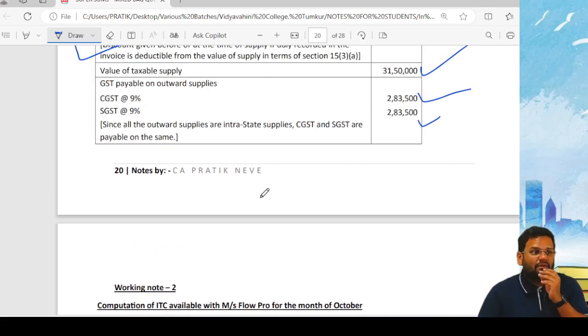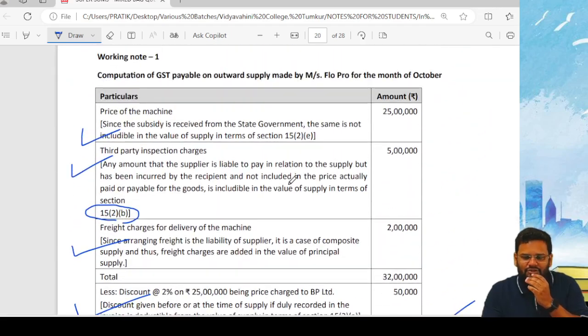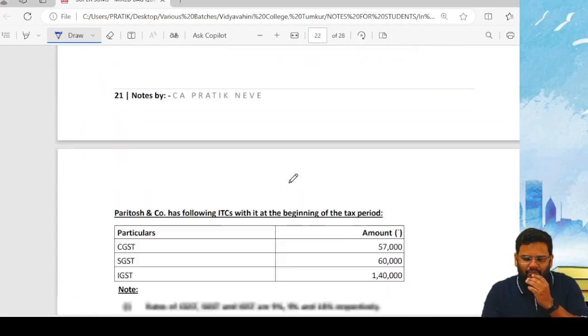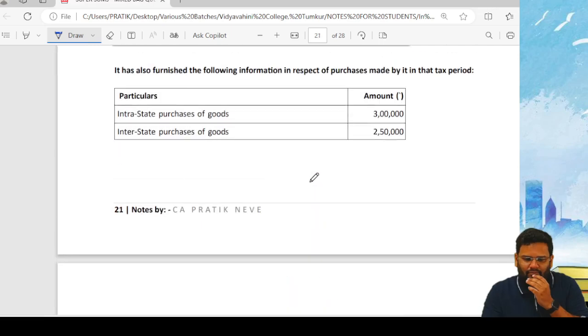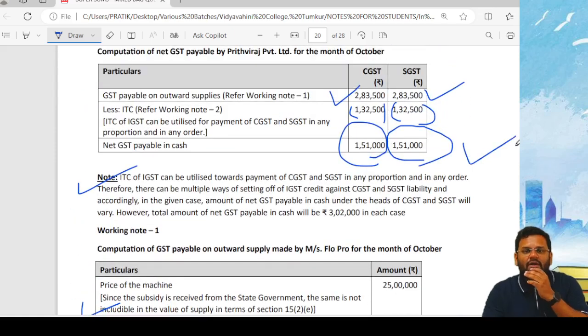When you do it with 9 notes, at least one sentence for each note, then you will be given full marks. The answer should be correct: 1,51,000 each. And you should write all the 9 notes, at least in one sentence. Okay, so start doing it.